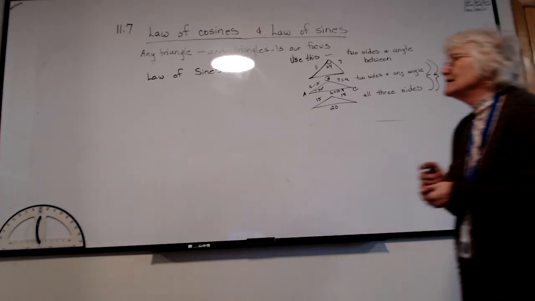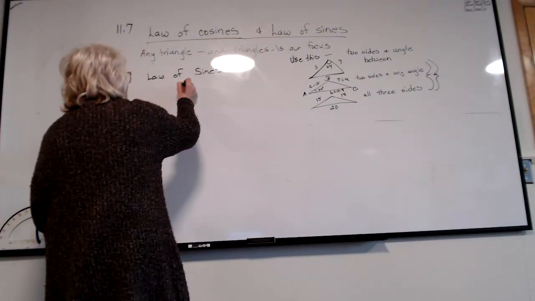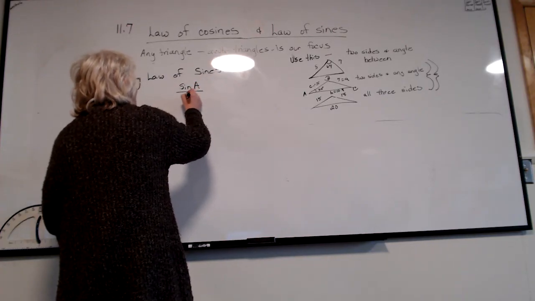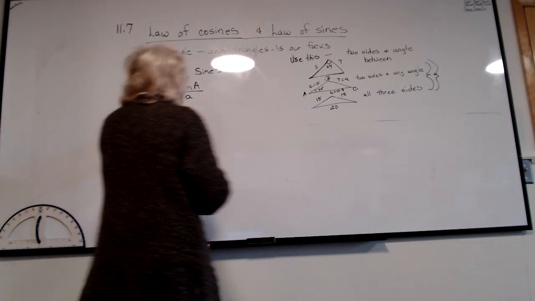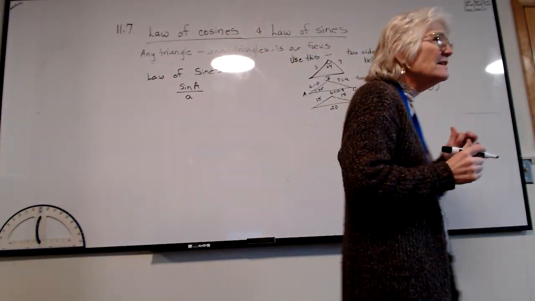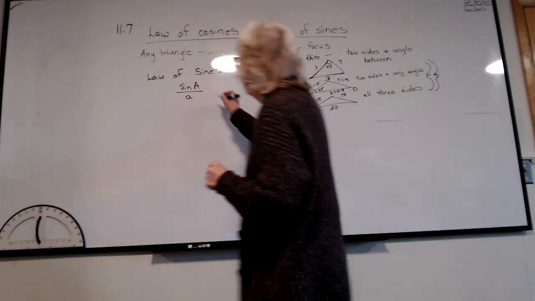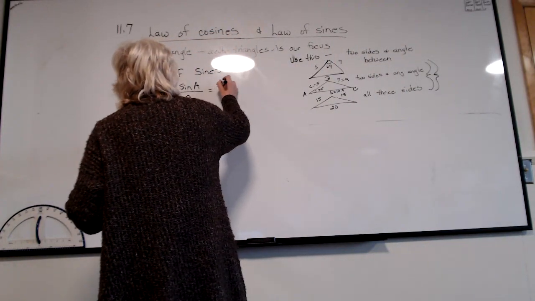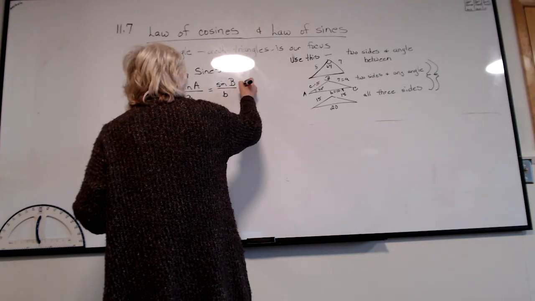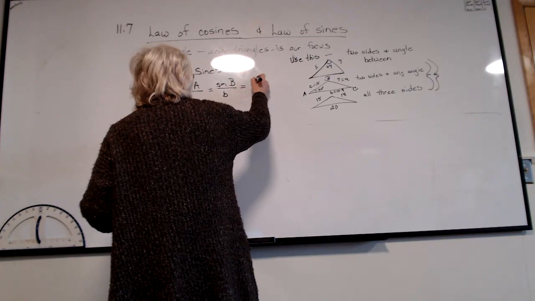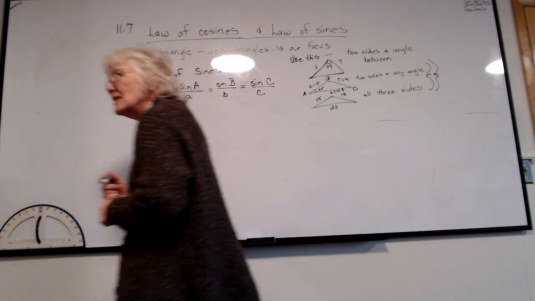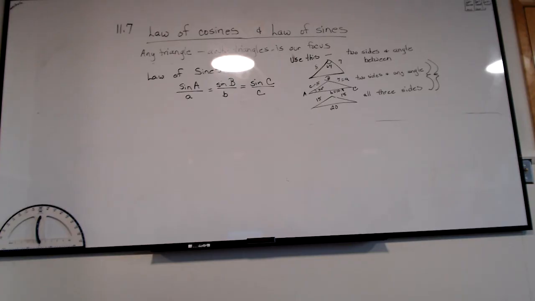It is the sine of an angle over the side length. So the sine of the angle over its opposite side will equal the sine of the next angle over its opposite side, which will equal the sine of the third angle over its opposite side.